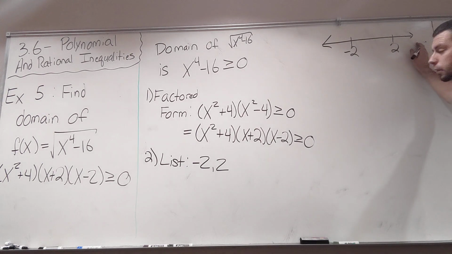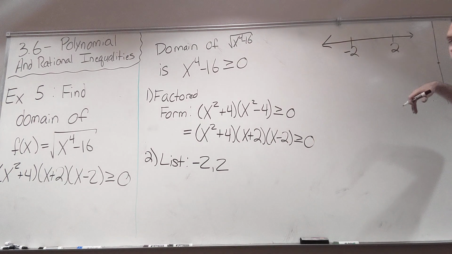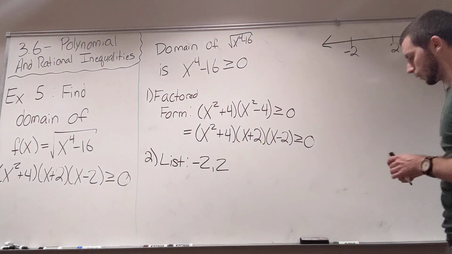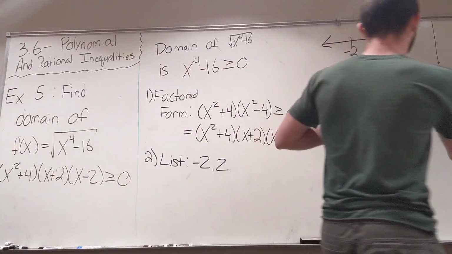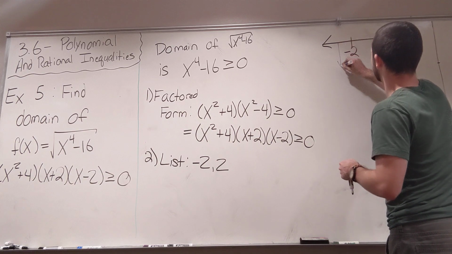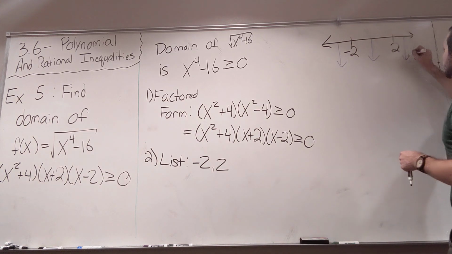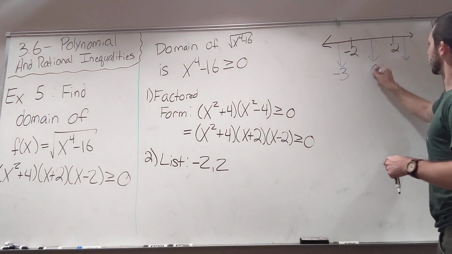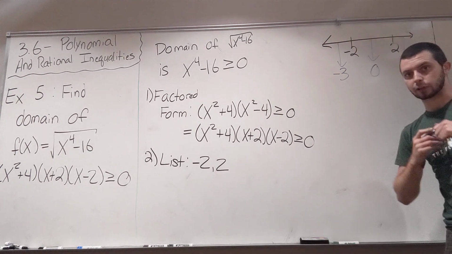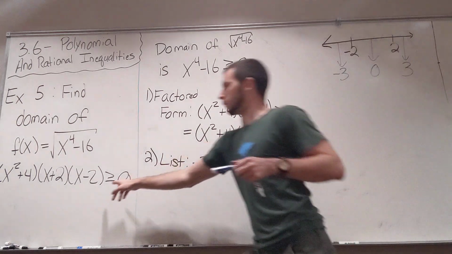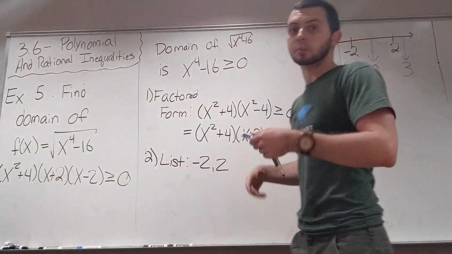And so from here, we can go ahead and use either method. I figure there's only 3 segments, so I'll just pick 3 test points right quick. So negative 3, 0, and 3, and we plug each one of those into the function we have over here and see what the signs are.